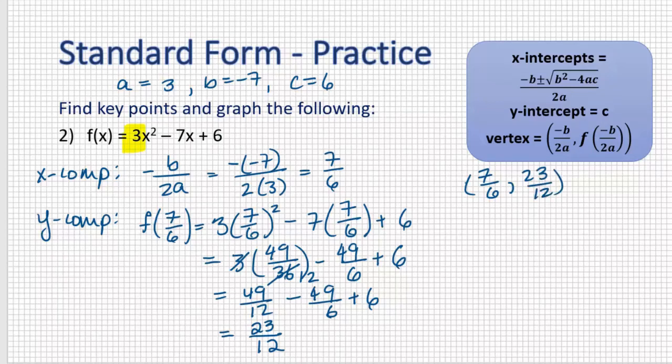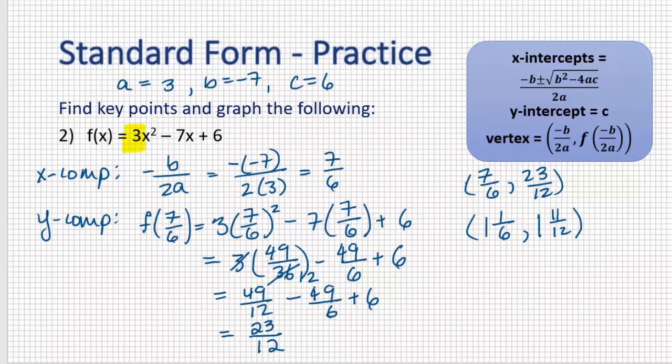Because we'll be graphing, this isn't necessarily the best way to write this. Perhaps you write this using mixed fractions rather than improper fractions. 7 over 6 can be written as 1 and 1/6, and 23 over 12 can be written as 1 and 11/12. That already gives me a better idea of where I should place those points on the graph.